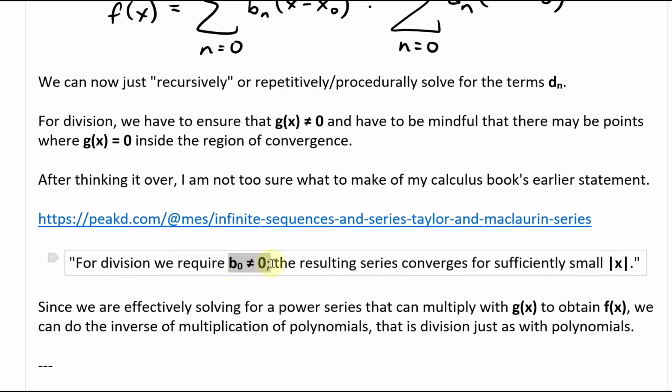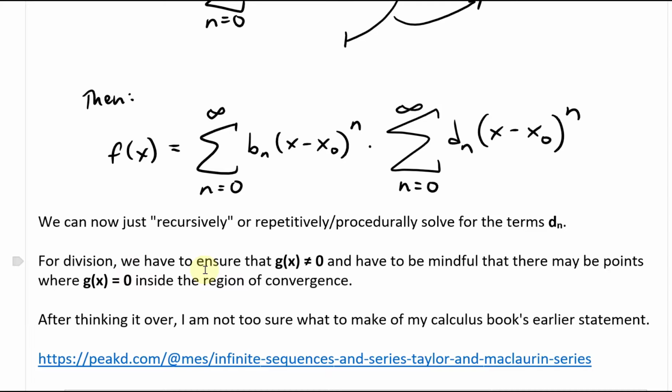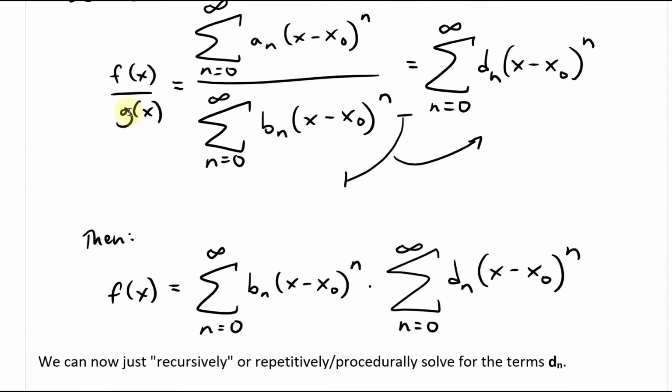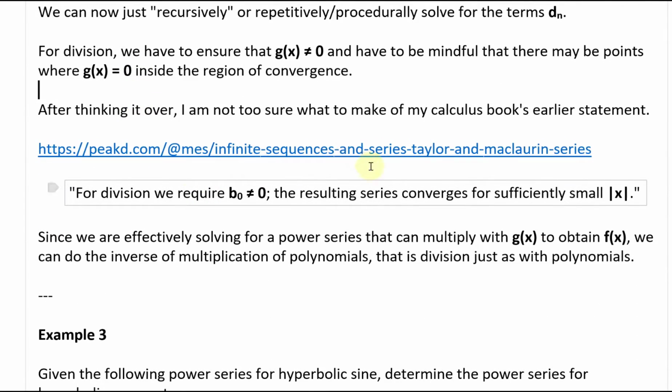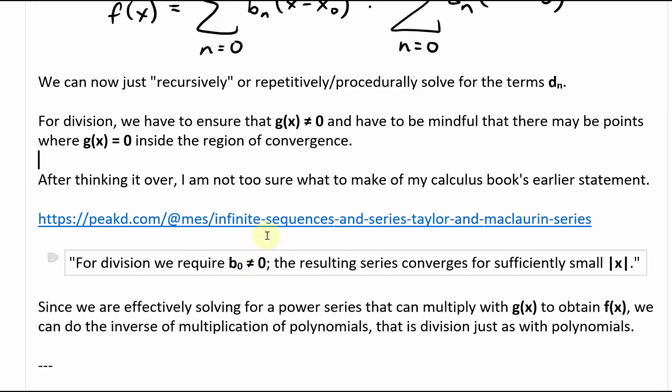I'm not fully sure on this, or even the sufficiently small part there. I'll have to look at it in future, but I'm pretty certain that all you need to do is ensure that g of x is not equal to 0. That's the only case, so you're not dividing by 0 there. I had to pause the video, finish it, look at this again, so cut it, put this back in.